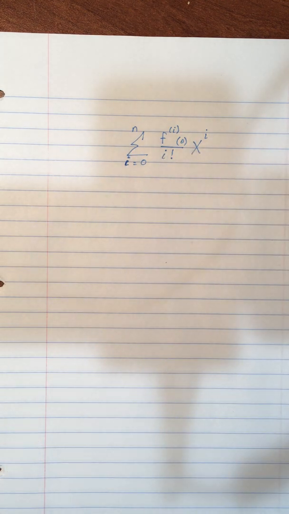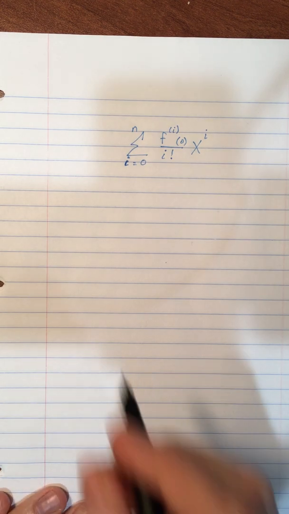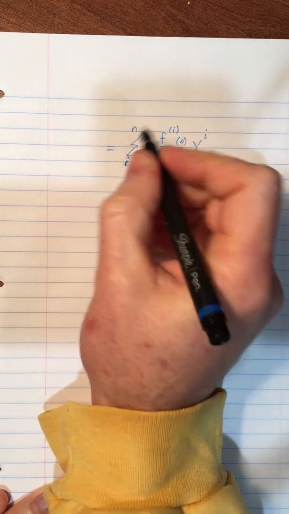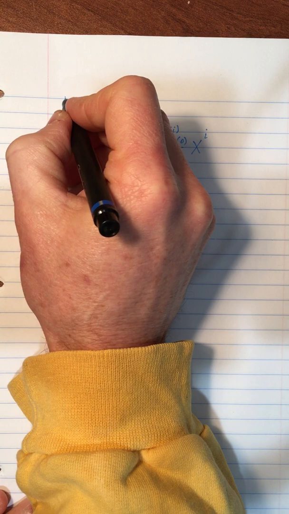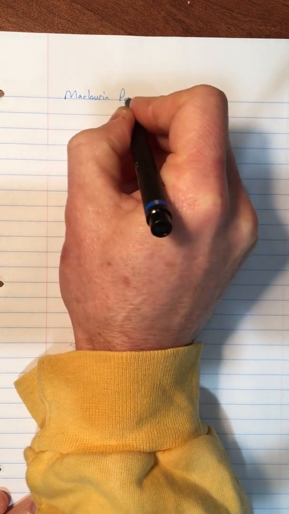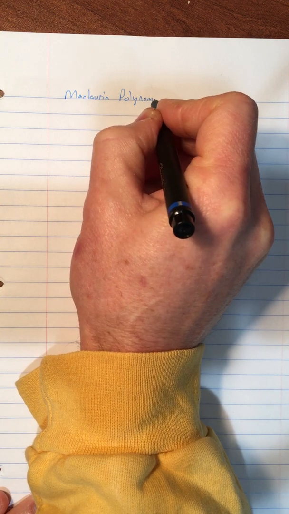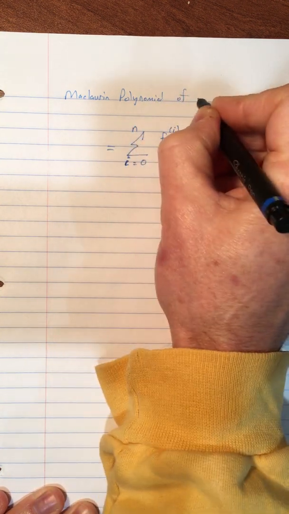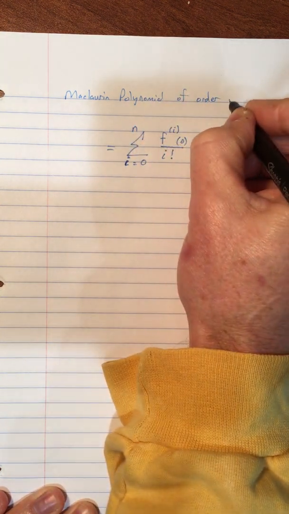Now, we need to introduce a little bit more vocabulary at this point. It's the formula for what exactly? Well, the way I've got it written here, this would be the formula for a Maclaurin polynomial of order n.